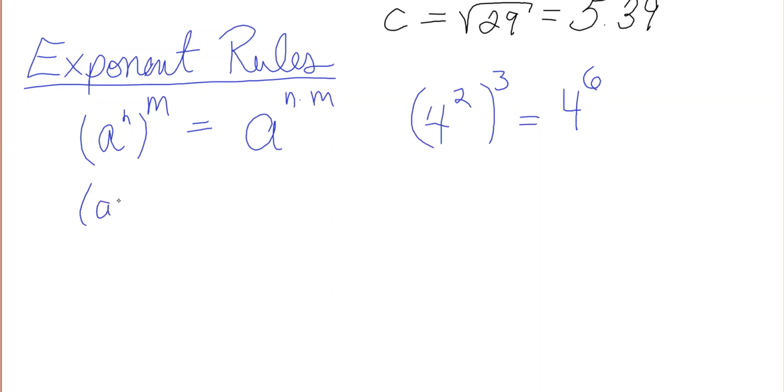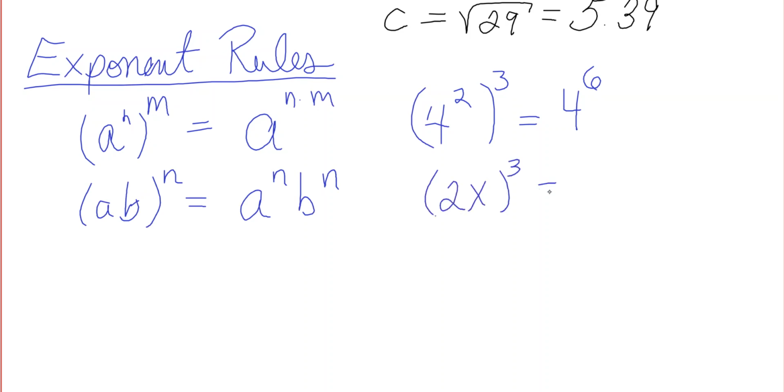If I have two things inside some parentheses to a power, I can just do them individually. That's just like if I have 2x cubed, I can actually do 2 cubed times x cubed, which would give me 8x cubed. And then if I have, oop, I didn't need parentheses that time, sorry about that.